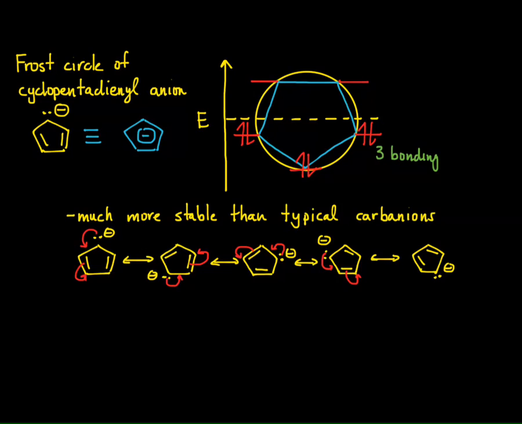In essence, all of the carbons have a slight negative charge to them. So that negative charge is distributed to all five carbons in that ring. And because of all of the resonance structures, we see the cyclopentadienyl anion being very stable.